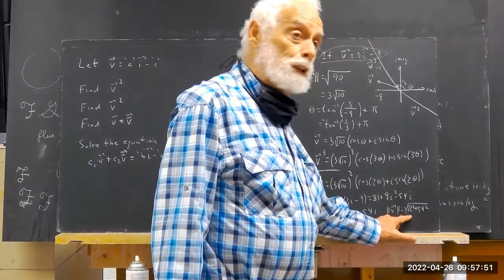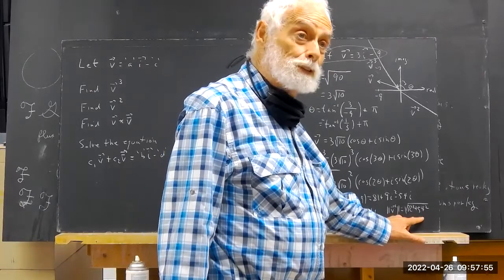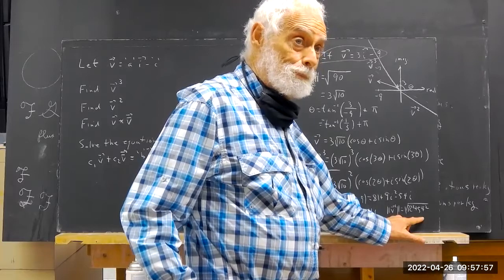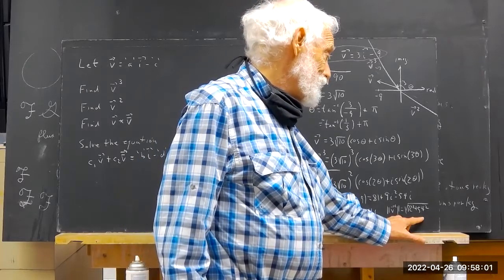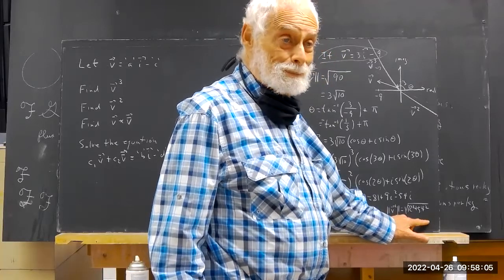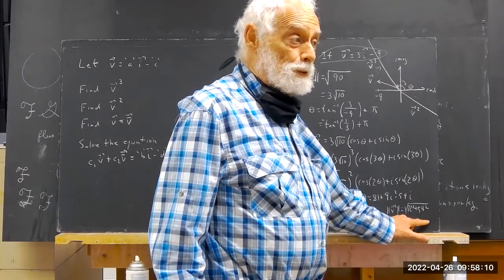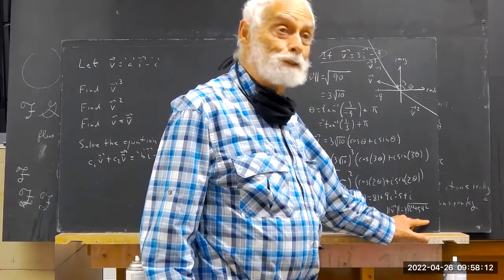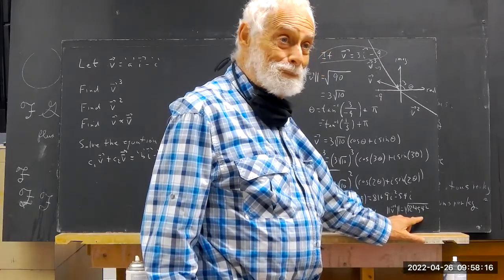That's 8 times 9 and 6 times 9. So you got 8 squared plus 6 squared times 9 squared. Well, 8 squared plus 6 squared is 100. So you got 100 times 9 squared.